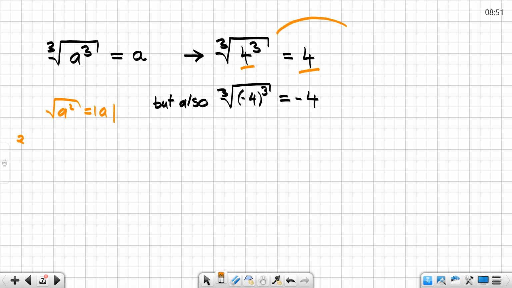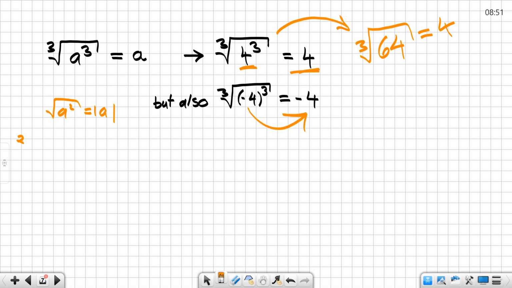If you would go the long way, then you would write, this is the cubic root out of, well, what is 4 multiplied by itself 3 times? That is 64. 4 times 4 is 16, times 4 is 64. And the cubic root out of 64 is indeed 4. So this right here is just the shortcut if I have it in this special form. The same thing works in this case.